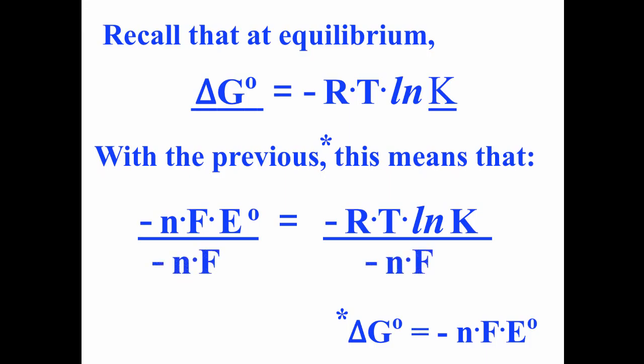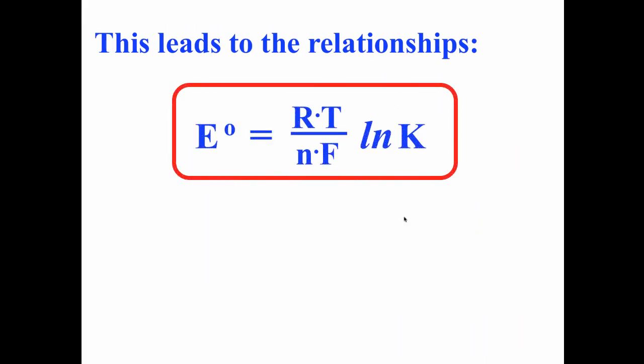And if we divide both sides by negative NF, then some things cancel. And that leaves us with E0 is equal to RT over NF times the natural log of K. So there is one relationship where if we know the equilibrium constant K, we can take its natural log, multiply by R and multiply by T, divide by number of moles N, and divide by the Faraday constant F, and that will give us E0.